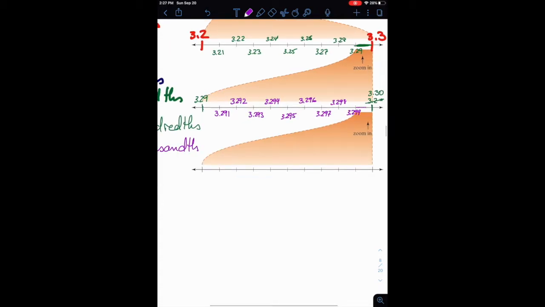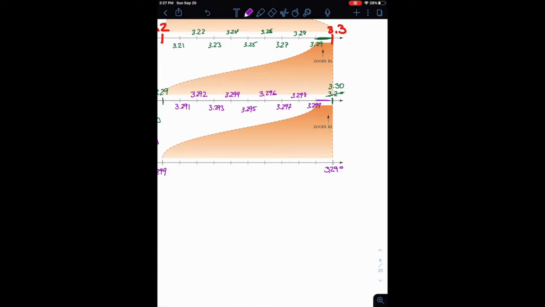And now if we're zooming into here, we would see 3 wholes, 29 hundredths, and 9 thousandths, to 3 wholes, 29 hundredths, and 10 thousandths. Except that's not how our number system works. We would regroup to 3 wholes and 300 thousandths.